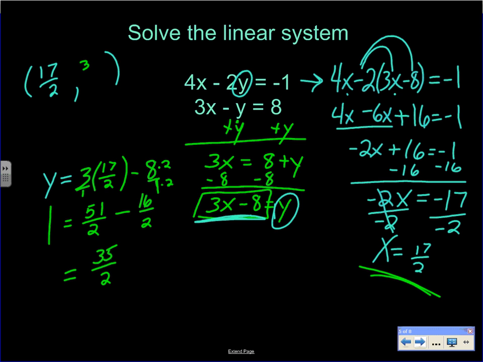Remember, that's y. So we're going to put 35/2 in our problem there. So that's our solution. 17 halves, 35 halves will be our solution.